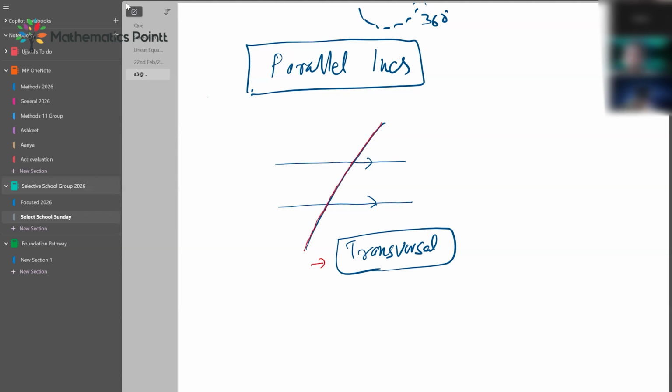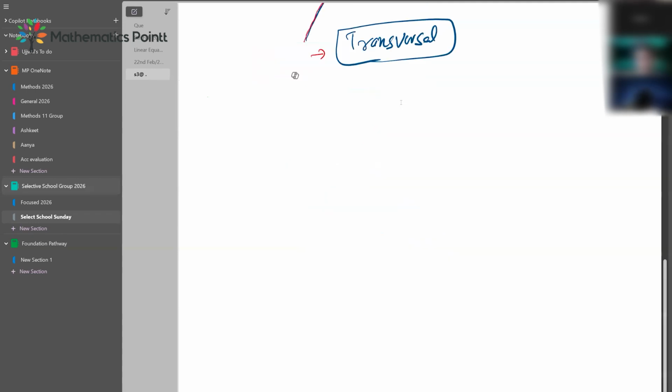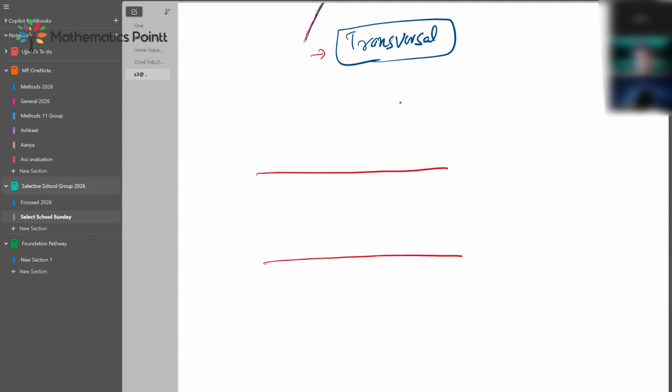Now, once this transversal cuts two lines, it makes a lot of angles. Let's try to see what angles come into play. I'm just making some numbers. So this angle, I'm calling it angle 1.